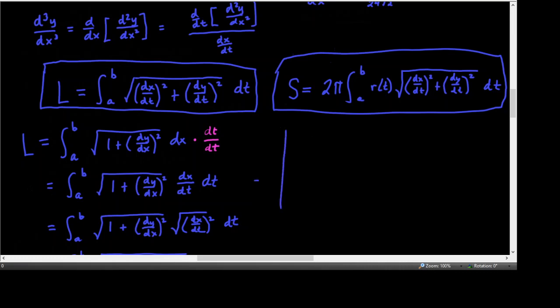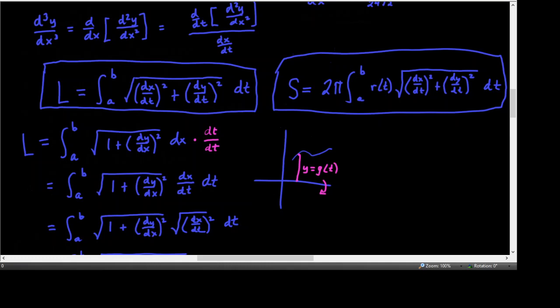Like if we had a region like this being revolved about, say, the x-axis, then the radius is the distance from the axis of revolution to the curve, which is y. And since it has to be a function of t, we would use the g of t in that position as a representative of y.